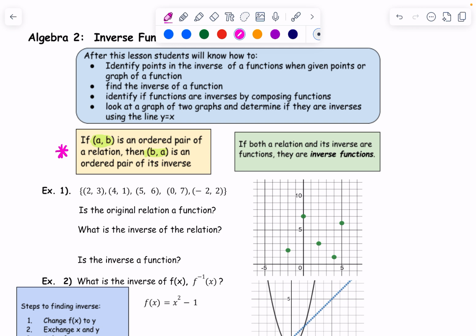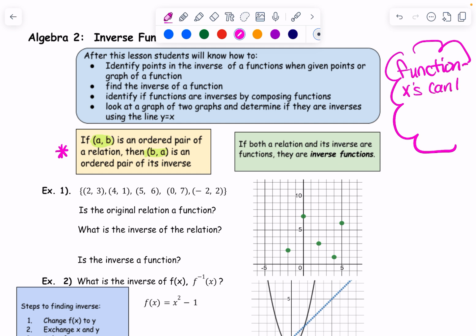the first example, but let's also remember what it means to be a function, right? To be a function, basically x's can't repeat.